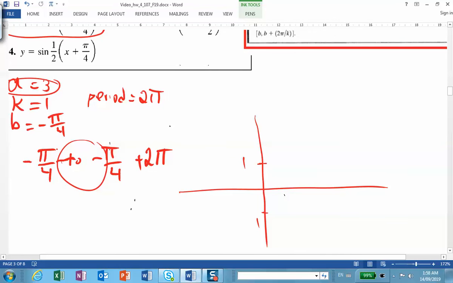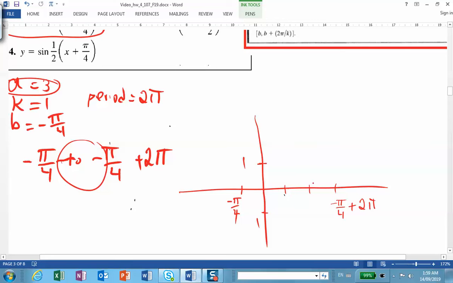If this is, just hypothetically, minus pi over 4, minus pi over 4 plus 2 pi will put us to this location. Notice that there are 4 of these pi over 4 segments there.